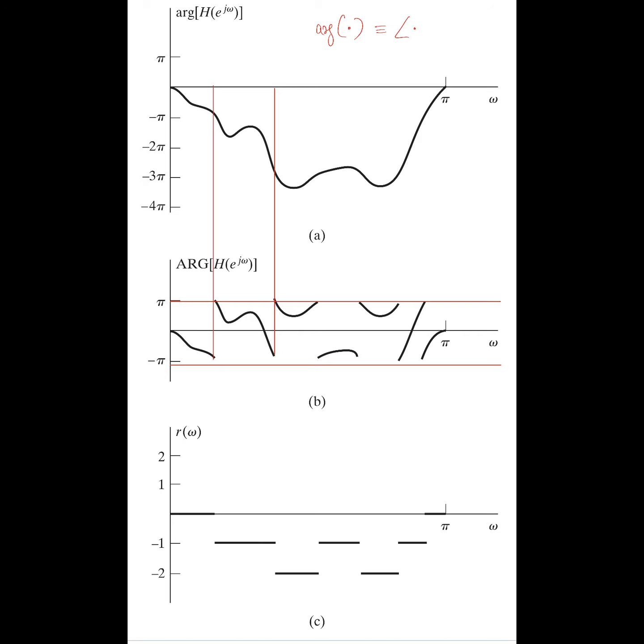This principal value is computed using the arctangent subroutine, and this is the actual phase. If I see the relationship between the principal value and this r omega function, this would be your r omega. So you see that in this small argument, or the phase shift, there are no discontinuities.